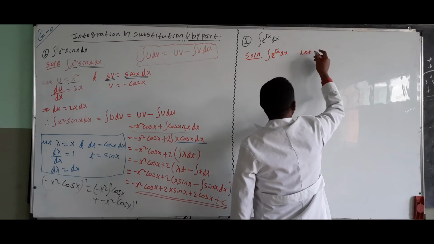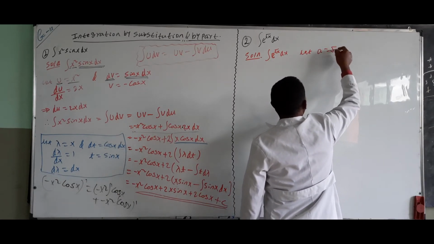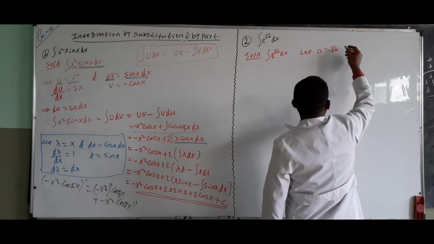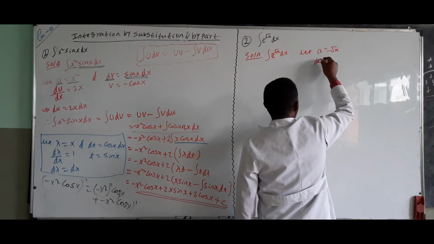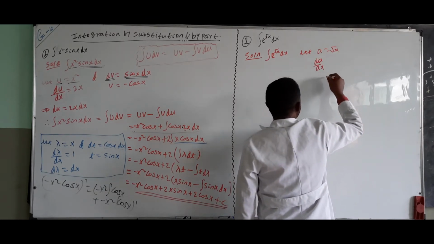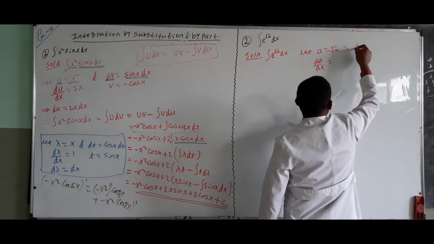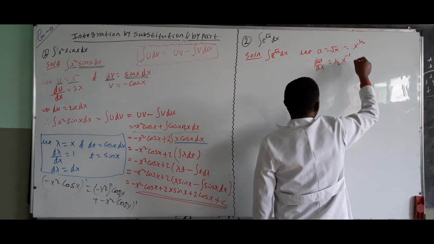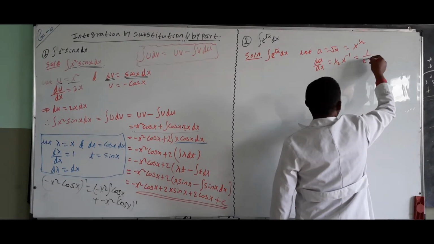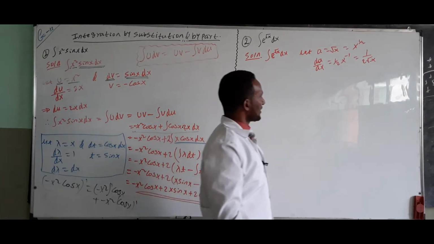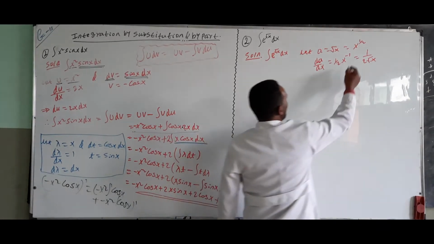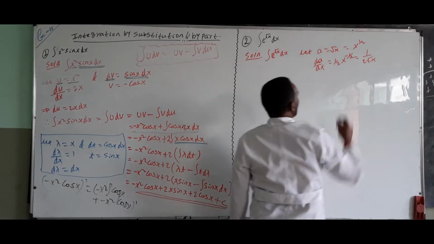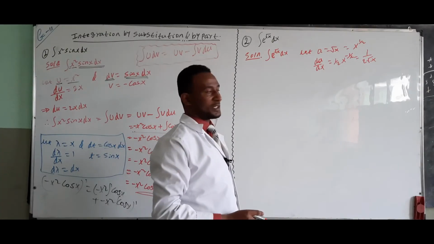Let us take a is equal to radical x. Then dA with respect to x is equal to, this means x to the power of 1 over 2, it becomes 1 over 2, x to the power of negative 1 over 2, that means 1 over 2 radical x.